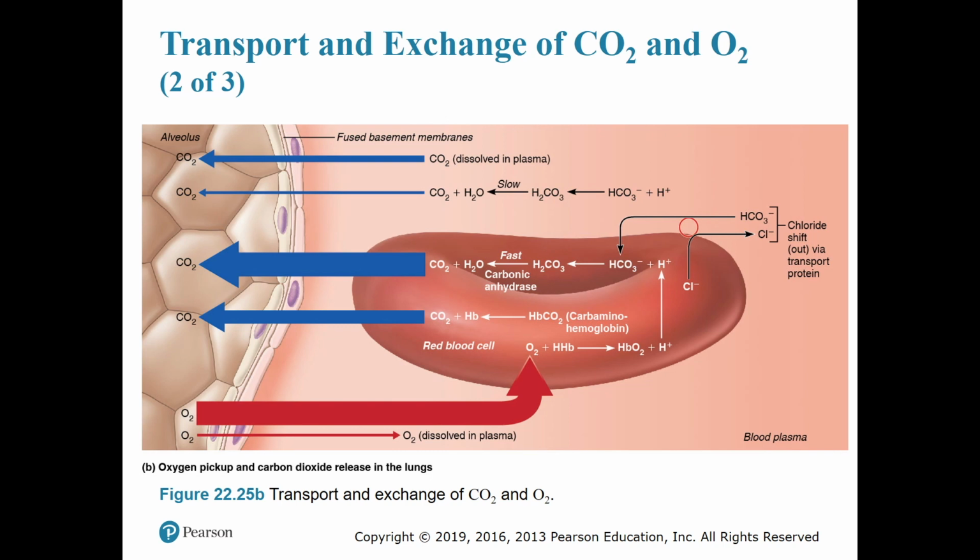And so we see that fast reaction of bicarbonate plus H+ combining into carbonic acid, and carbonic anhydrase dissociates it into CO2 and water, which go into the alveoli. And then hemoglobin also has some CO2 bound to it, and it will dissociate into CO2 and hemoglobin, and the CO2 will also diffuse.